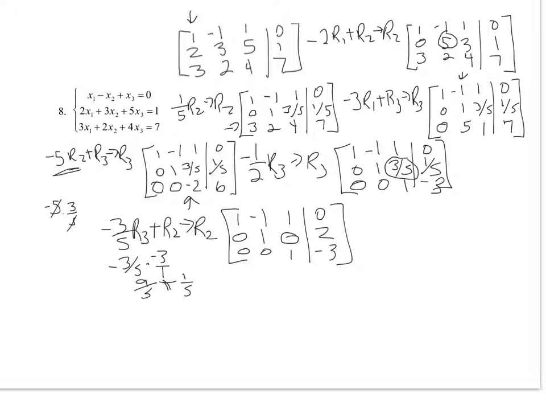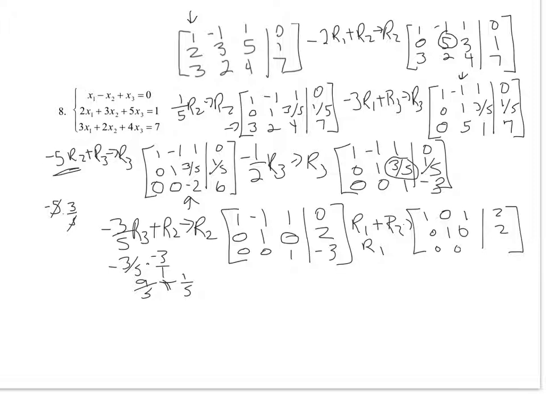What we need to do now is go back and make the elements to the right of that 1 in the first row become zeros. So if I simply add row 1 and row 2 together and make that my new row 1, I'm going to have 1, 0, 1, 2. Second row does not change.